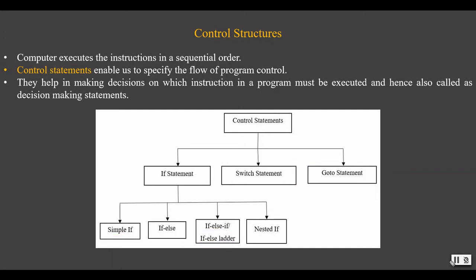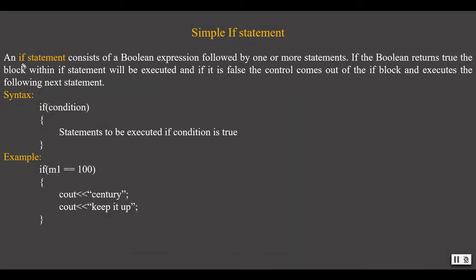First we will study the simple if. A simple if statement consists of a Boolean expression followed by one or more statements. A Boolean expression is an expression that returns Boolean values. The Boolean values are nothing but true or false, where 1 stands for true and 0 stands for false.